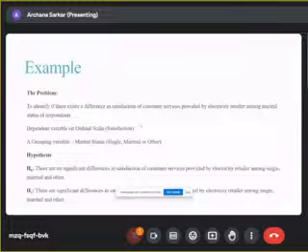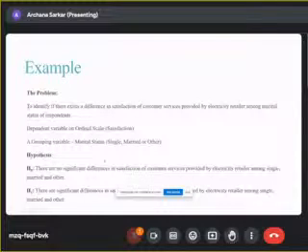Now I want to check whether there is any difference between single, married, or other types of person. So I want to check for marital status. In marital status, I have three groups: one is single, second is married, and third is other.